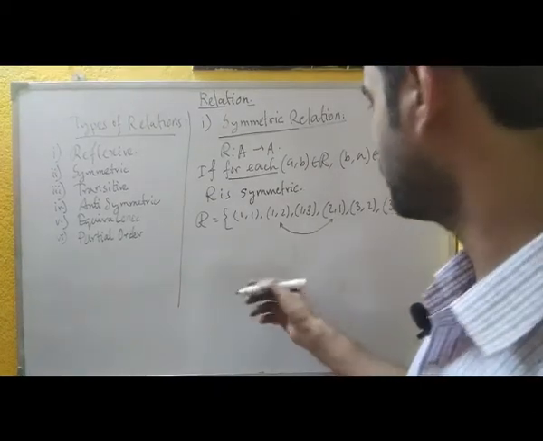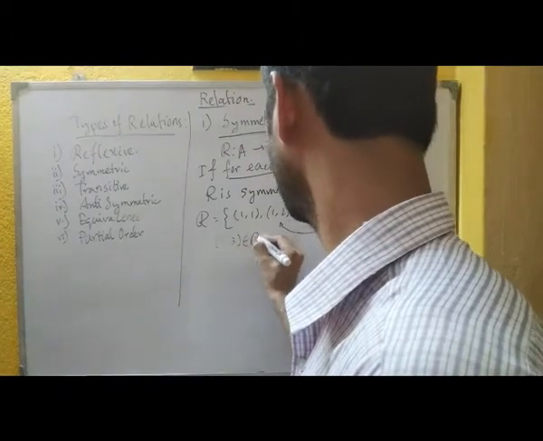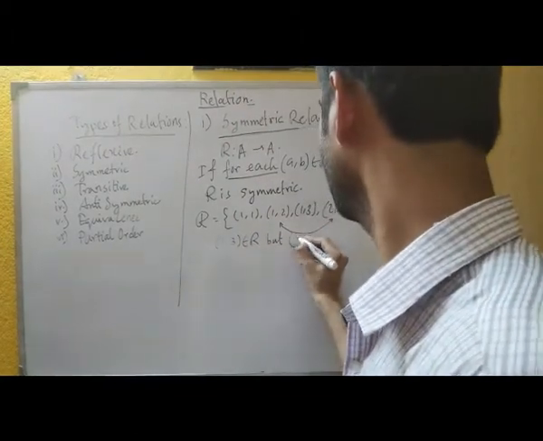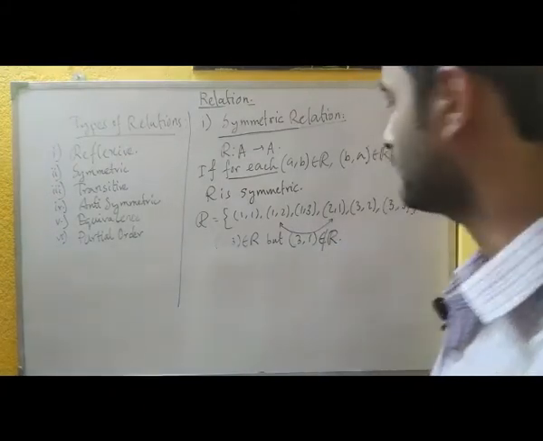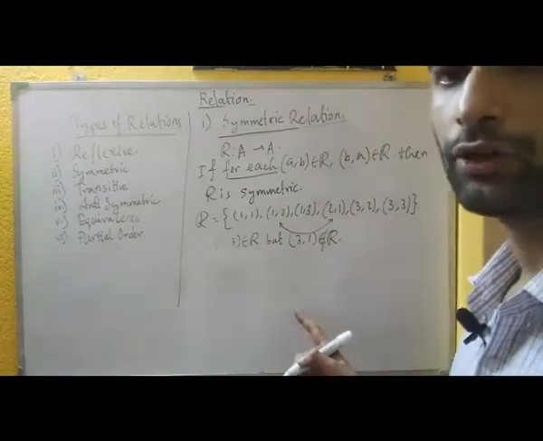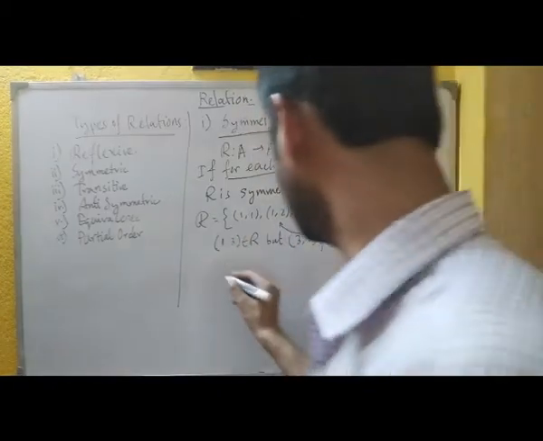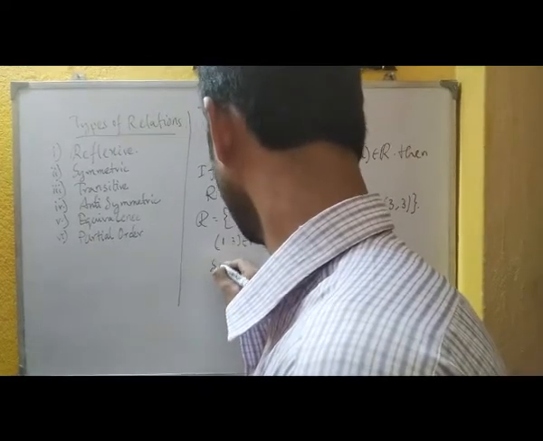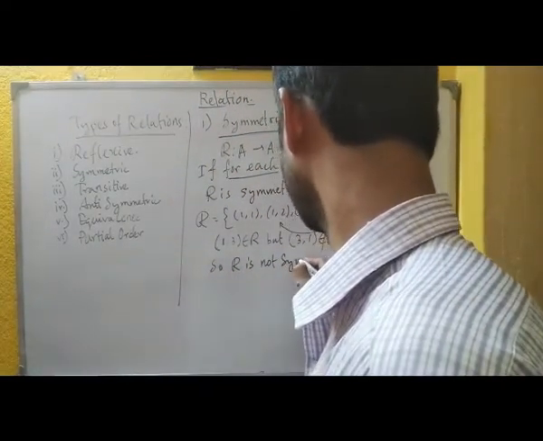So we can give this reason that (1,3) belongs to R, but (3,1) doesn't belong to R. So that's why this relation is not a symmetric relation. Okay. So you can write, so R is not symmetric.